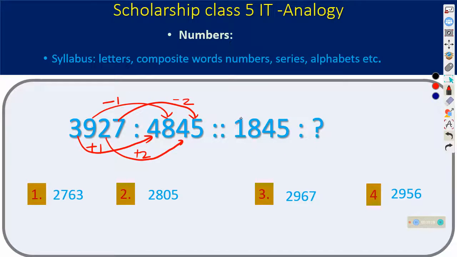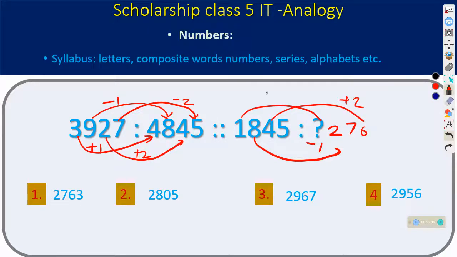So 1 plus 1 will become 2, 8 minus 1 will become 7, 4 plus 2 will become 6, here it is plus 1, 5 minus 2 will become 3. It is there. That means it was comparatively easy.